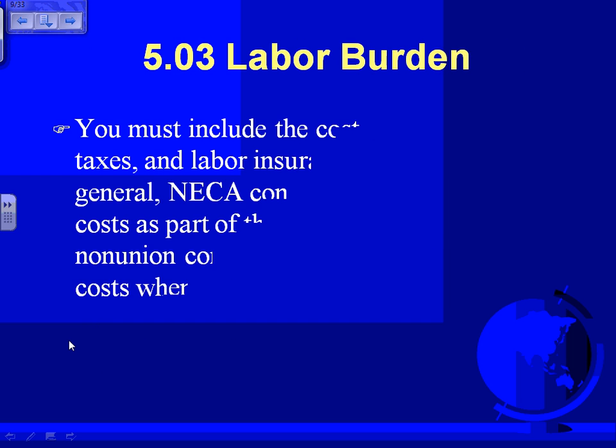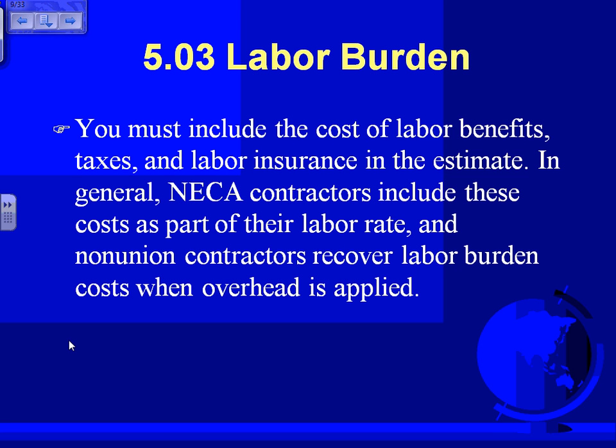So that's your shop average. The burden, guys, it just talks about exactly what we talked about, how NECA contractors include these costs as part of their labor. So, Ashley, my friend, when we said, remind me, Phil, one more time, was it $58.50?